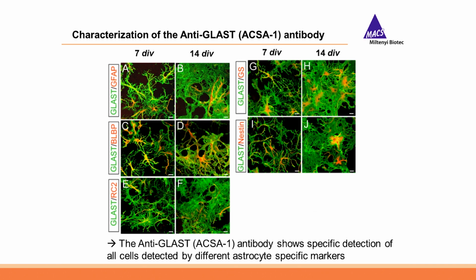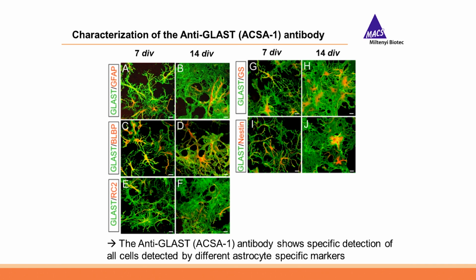On this slide, the anti-GLAST staining is shown in 1 or 2 week-old primary mixed neural cell cultures. The co-staining for GLAST and the astrocyte-specific antibody GFAP in A and B shows that cells marked by GFAP are all detected by the anti-GLAST antibody in 7 as well as 14-day-old cultures. You can see that the anti-GLAST antibody stains the surface of the cells and therefore nicely surrounds the intracellular GFAP staining.